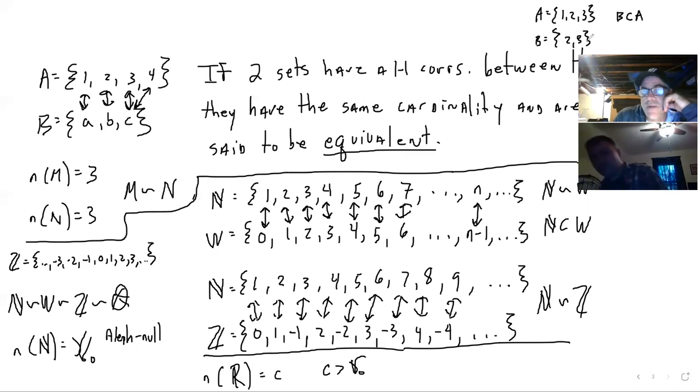This has a cardinality of 3, this has a cardinality of 2. So basically, the only way you can have a one-to-one correspondence between two sets where one is a proper subset of the other is if that set was infinite. And that is the basis of our definition.